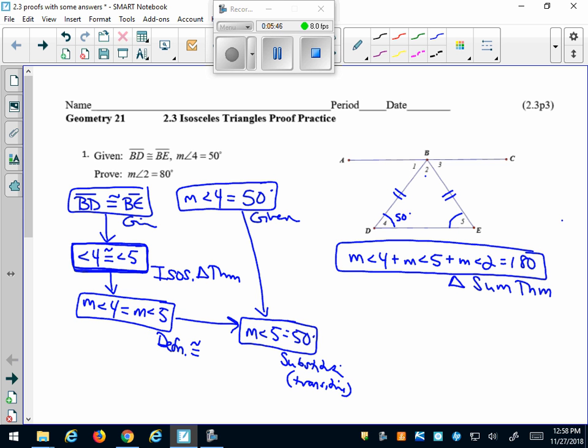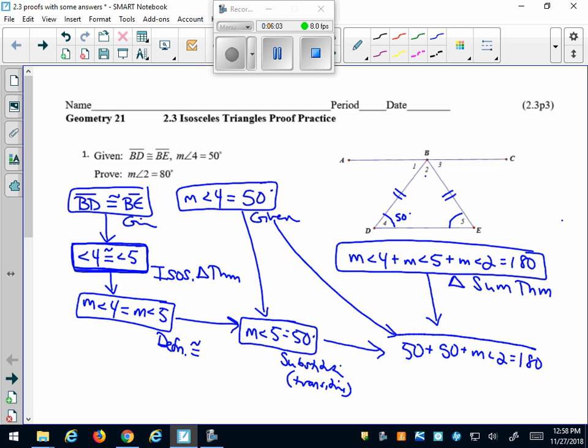What should I do next? Good. 50 plus 50 plus the measure of angle 2 equals 180 degrees. Substitution.